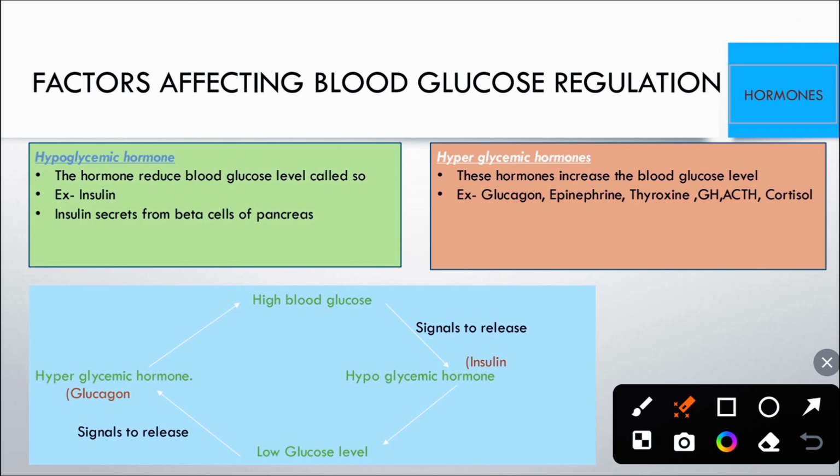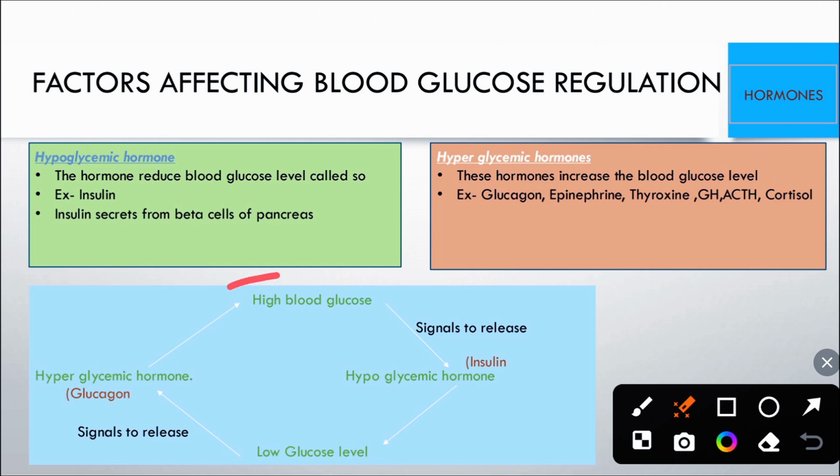Examples are epinephrine, thyroxine, growth hormone, ACTH (adrenocorticotropic hormone), and cortisol. Here is the hypoglycemic hormone and here is the hyperglycemic hormone. Let's understand how they regulate the blood glucose level.